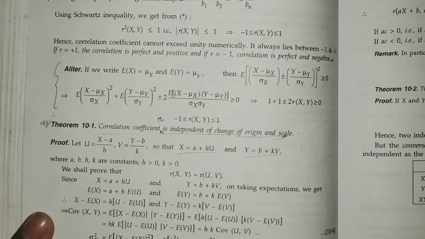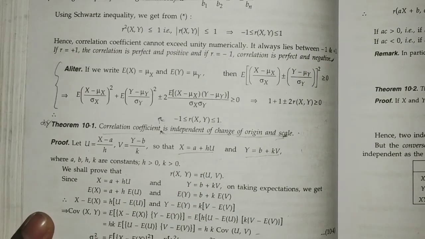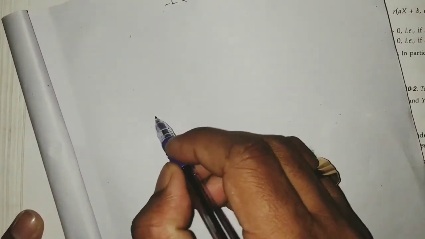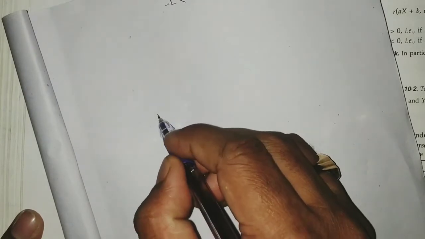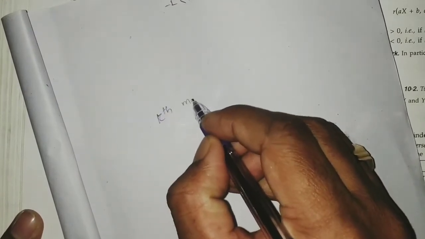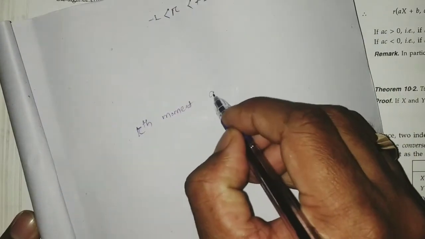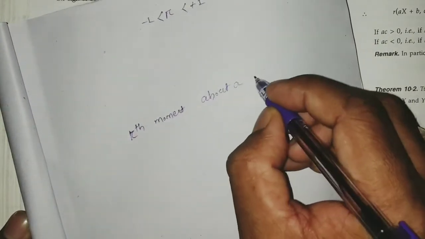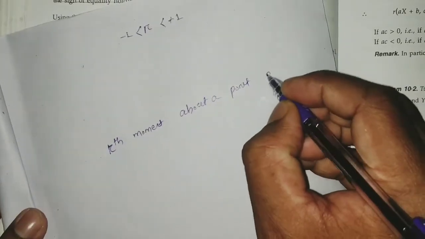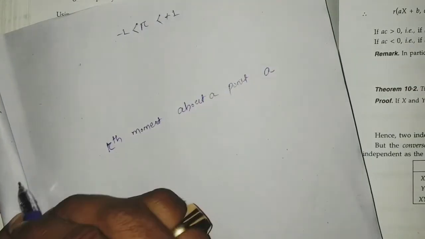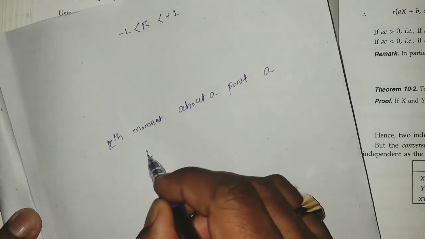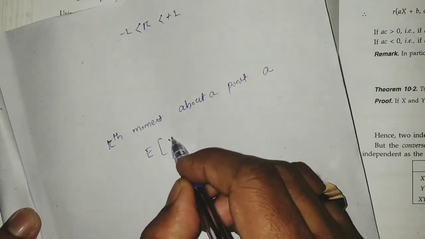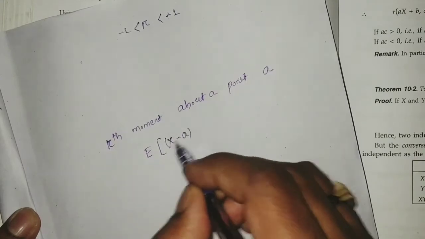Okay, so before we discuss this theorem, you just recall moments. We already discussed in our previous class that the rth moment about a point, suppose a small a, will be nothing but the expectation of x minus a to the power r.